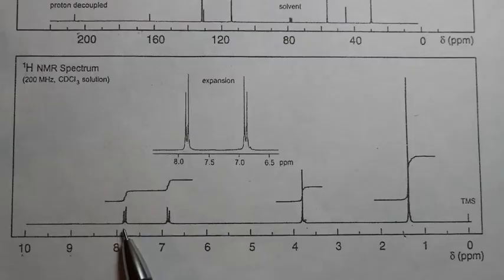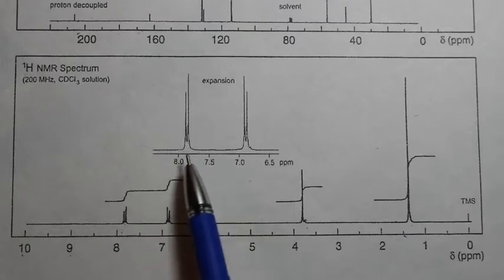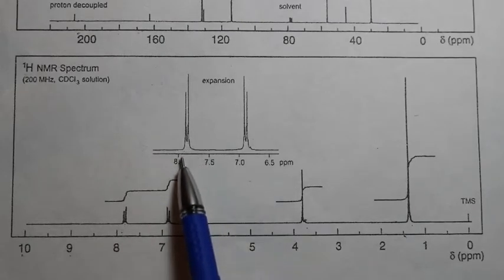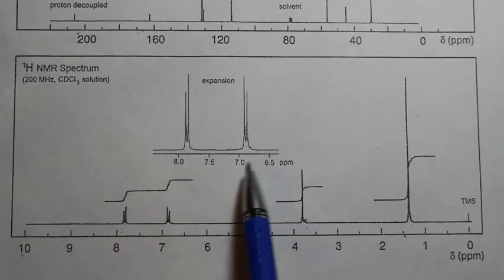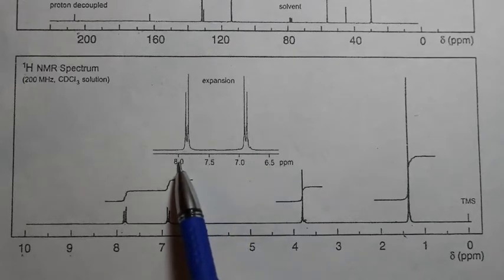From the proton NMR we have 4 signals, which means there are 4 sets of chemically different hydrogens in the structure. And among those hydrogens, if you look at these 2 peaks, the expanded version given here, the peaks are between 6.5 and 8.